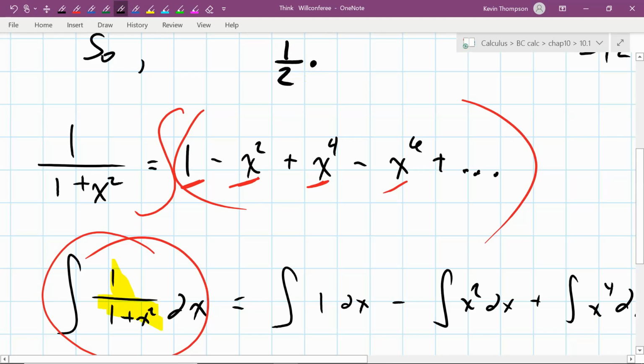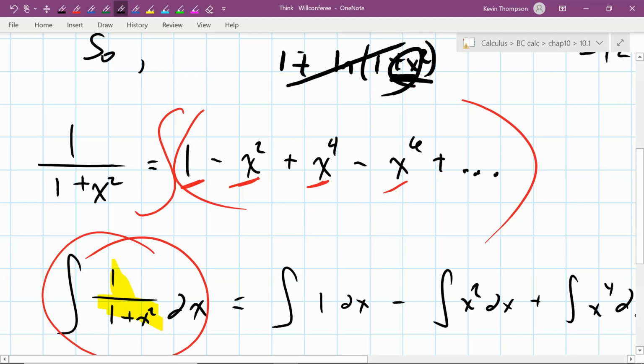It's not a natural log, because if you try that, you can get that part, but then you get a chain rule with the two x's. We don't have that.